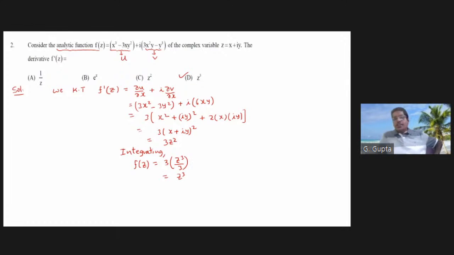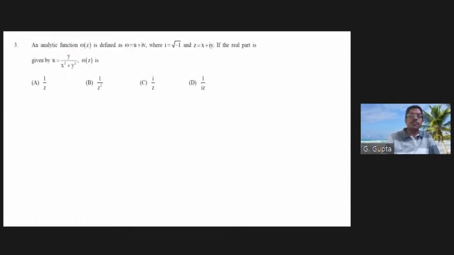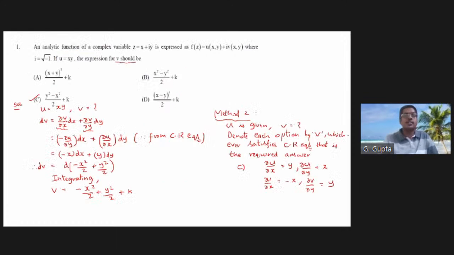But without converting into z, there are two scientists, Milne-Thomson, who gave the easiest procedure for finding this f(z) directly in terms of z. Whether u is given, or v is given, or f(z) equal to u plus iv is given, we will get it directly in terms of z. Before that, what exactly is the Milne-Thomson method?